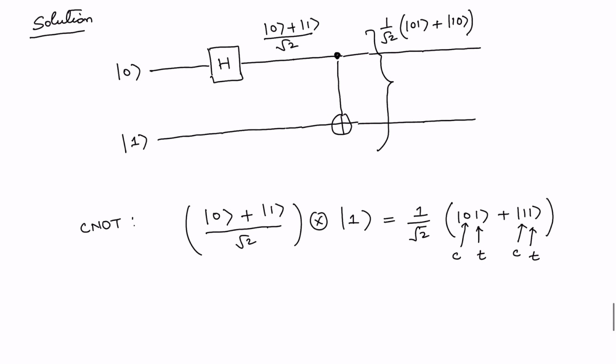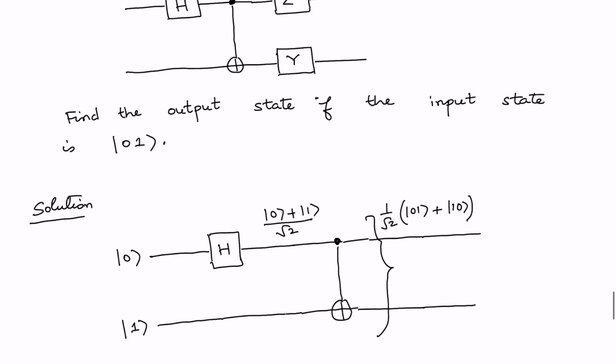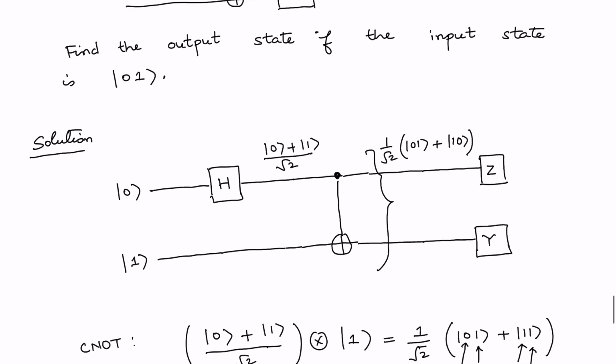After this C0 gate, we have a Z gate. The Z gate and Y gate are both single qubit gates. So the Z gate is going to act on the first qubit only.